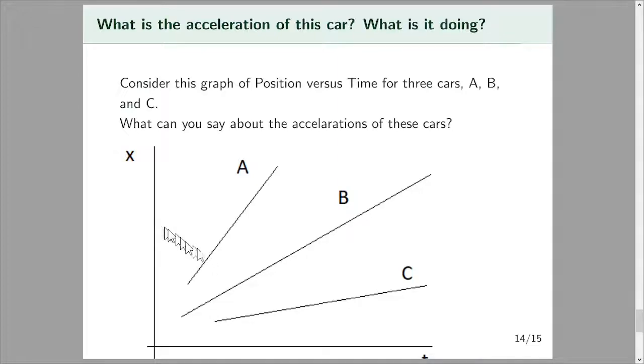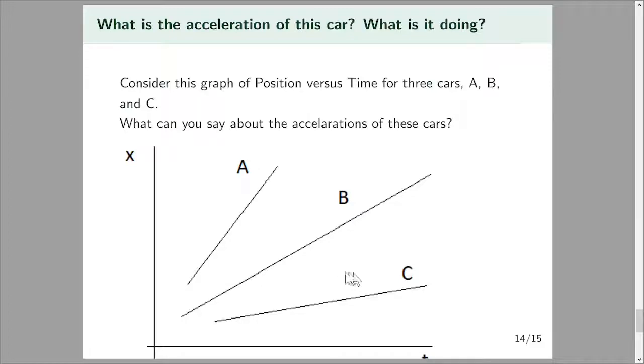And so in a velocity versus time graph, the slope is the acceleration, but in a position versus time graph, as we have here, the slope is the velocity. All of these curves are straight lines, and so they represent constant velocity. And so in every one of these cases, the acceleration is 0.